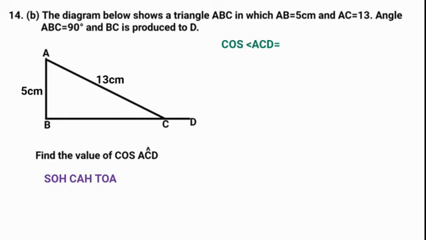Now, when you look at this acronym, we are going to concentrate on the one in the middle, CAH, which is telling us that the ratio for cosine is adjacent over hypotenuse.